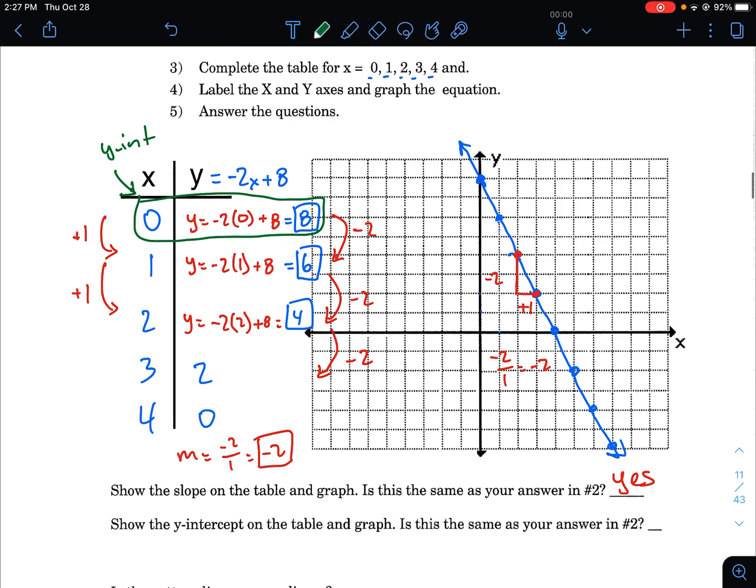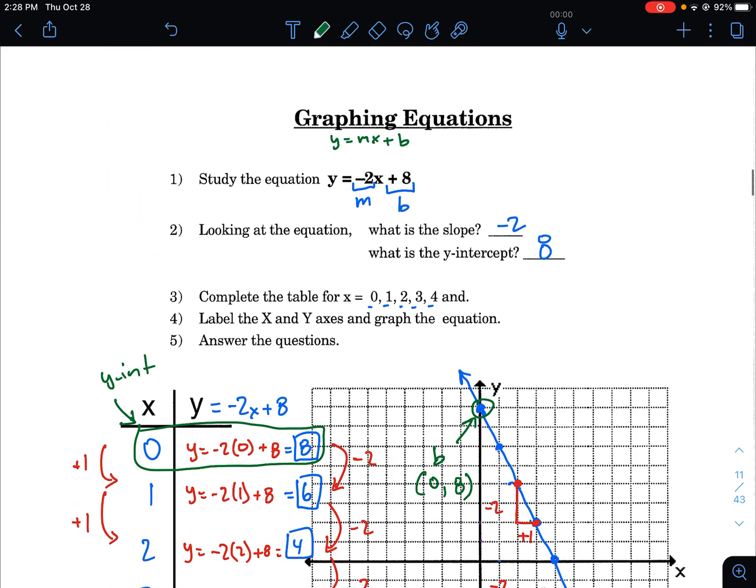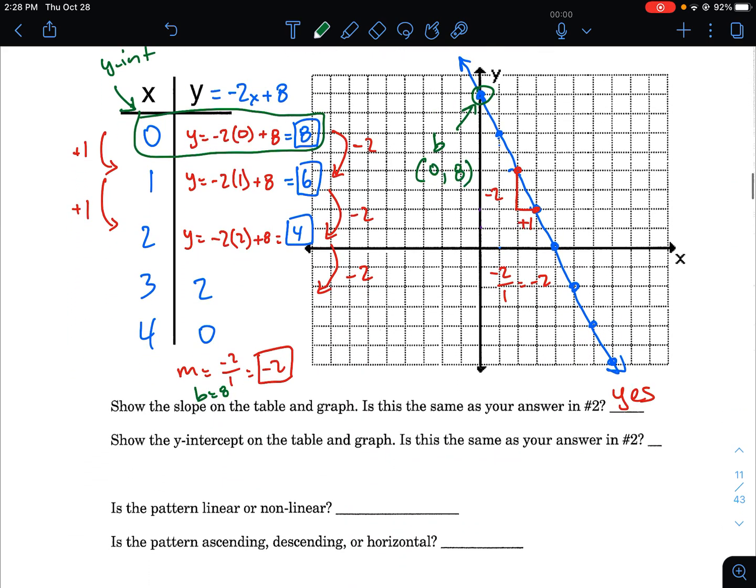So it is 8. B does equal 8. And does b equal 8 over here? Well, yeah, right over there. What point is that? That is b, which is point 0, and 1, 2, 3, 4, 5, 6, 7, 8. Yeah, that is point 0 and 8. So, is it the same as above? Yes, it is.